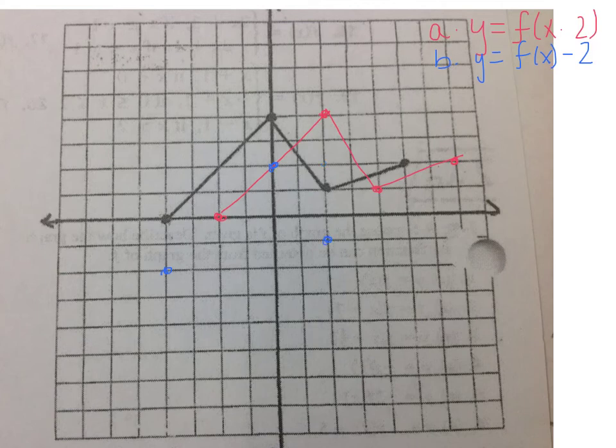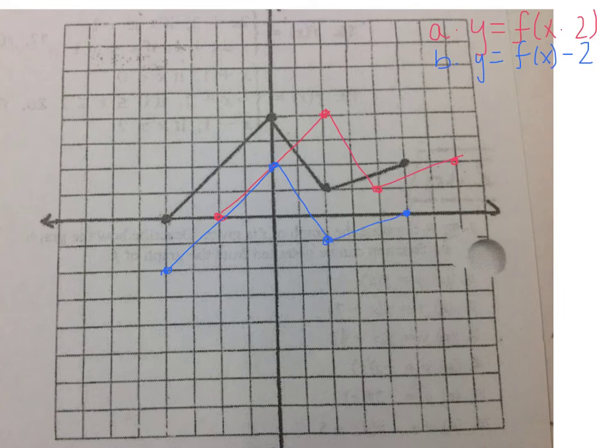I'm doing the original one now. Oh, this one I did wrong too. See, it's kind of confusing if you're going to do more than one graph on each one.